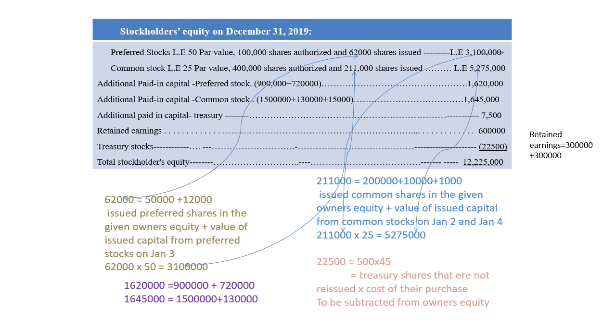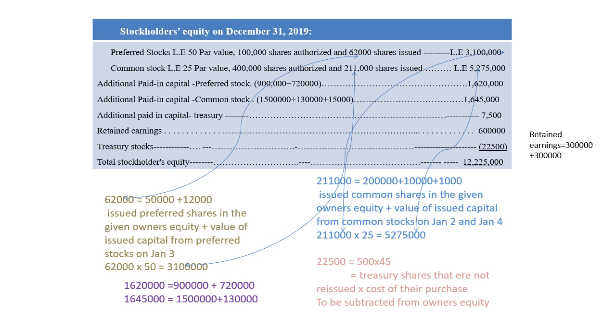These 500 shares are multiplied by the cost of purchasing them, which is 45 LE per share. When the corporation bought its own stocks, the share was purchased at the price of 45. So to calculate the treasury stocks to be deducted from the owner's equity at year end, you multiply the number of shares remaining as treasury stocks not reissued by the price of purchasing them.